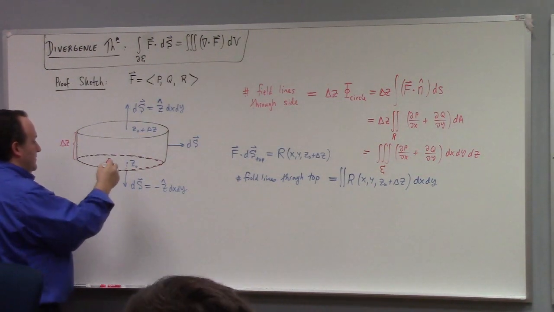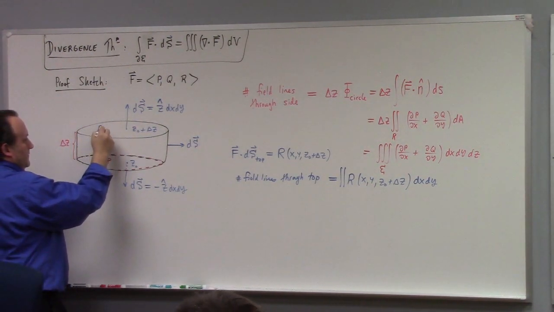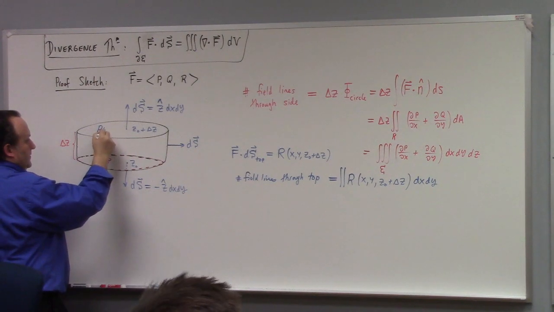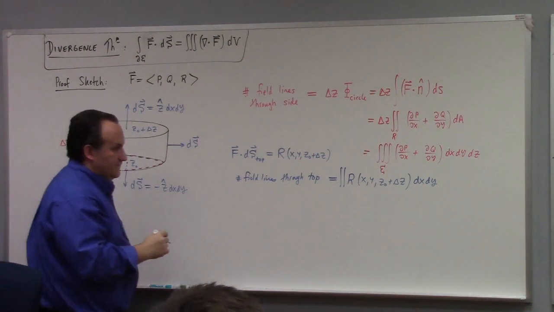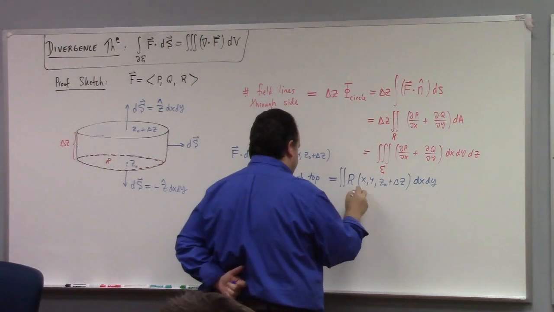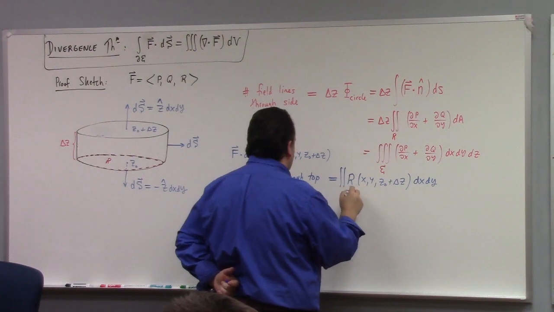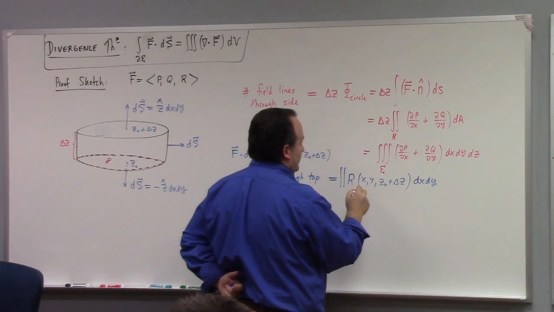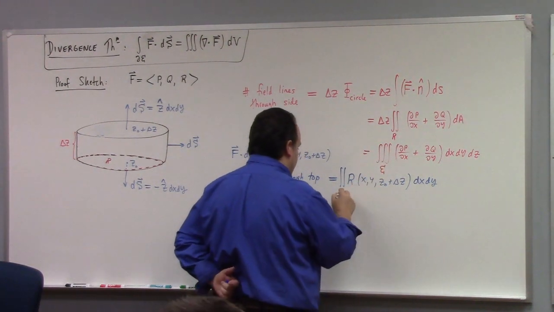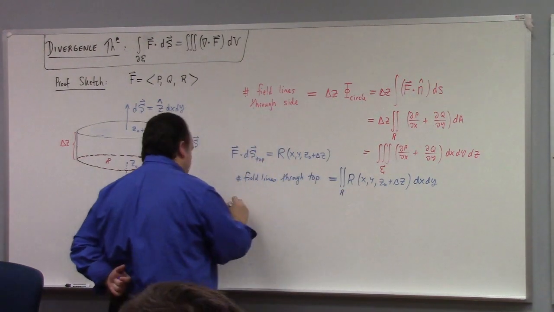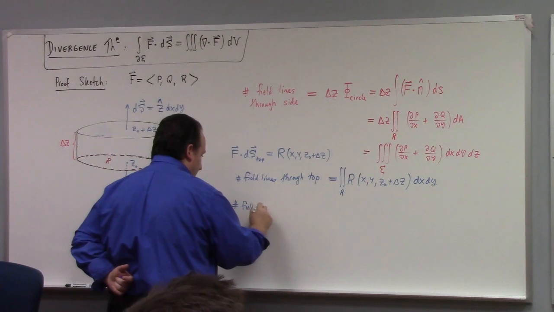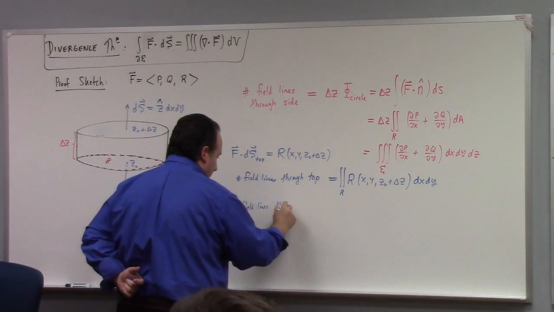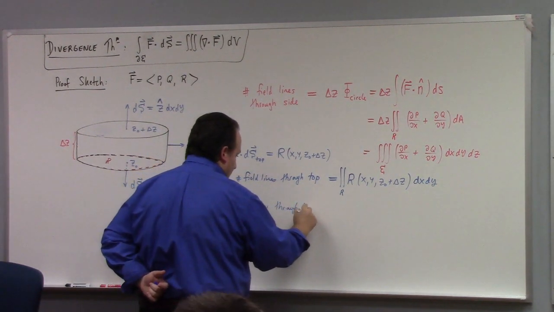And that would be over, let's say, R. I don't have a name for it, but this R up here. I guess I should come up with a different name. Oh well, it's too late. I've already used R for it. I'm going to call it R again here. Now the number of field lines through the bottom, through the base, what's that?